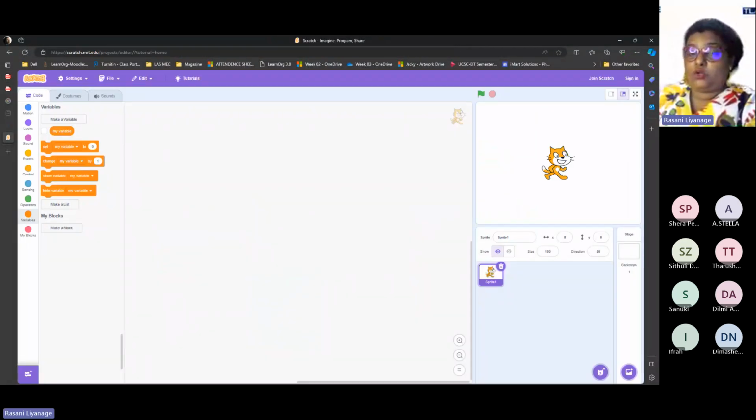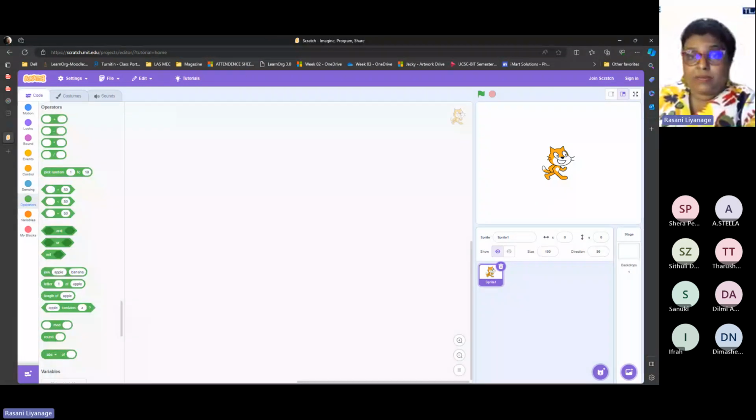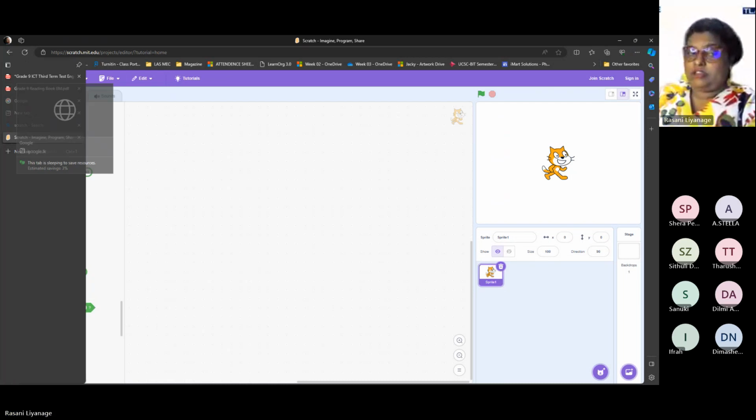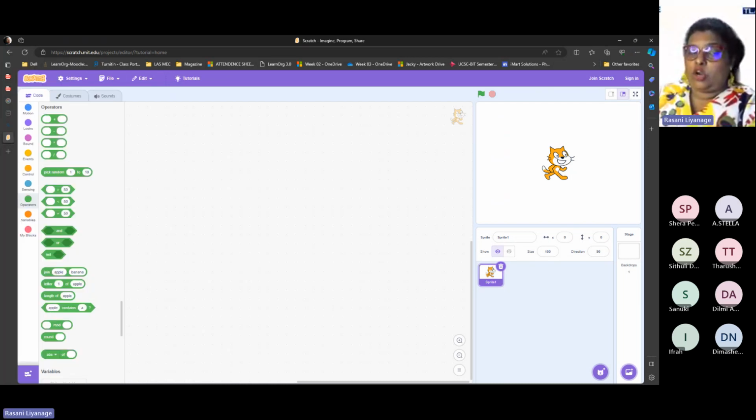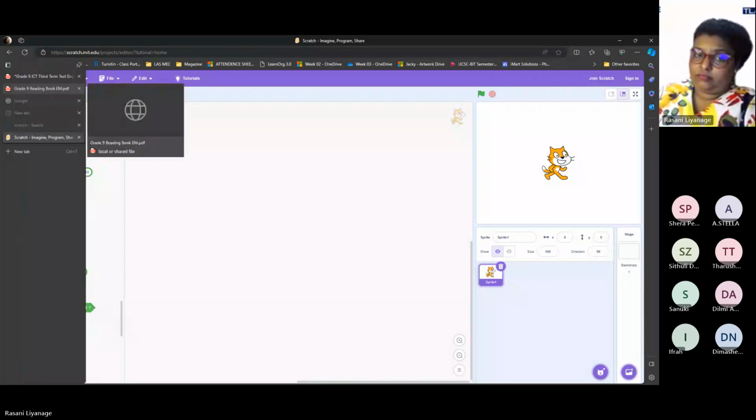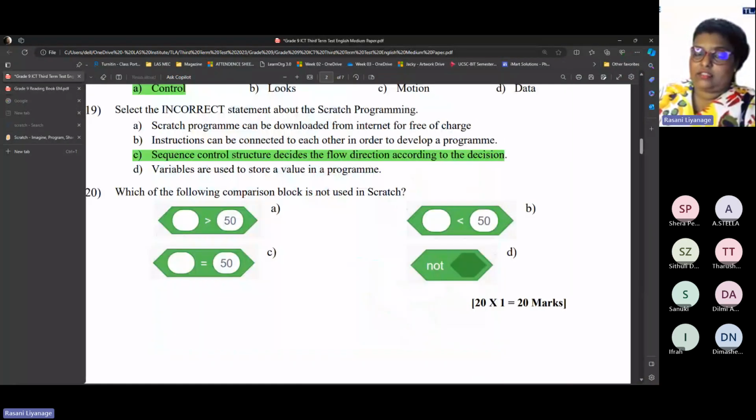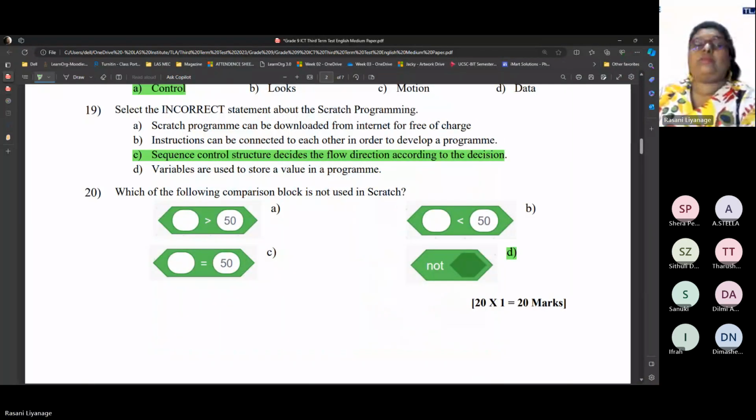Now don't mix it up. Here we are not saying the block doesn't exist, the block exists. What we are saying is that the existing block is not a comparison. And, or, not, all three are not comparison, they are logical. Okay? Right. So the answer is D.